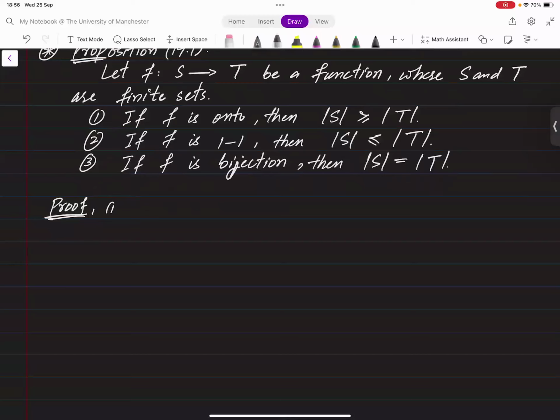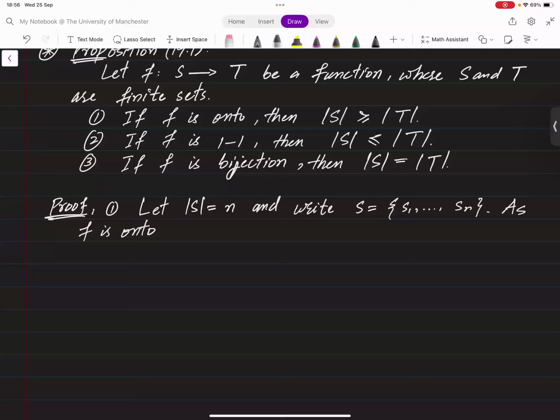Okay, number 1, we say that let order of S be n, and write that S has n elements. As f is onto, we have that T is equal to f of S, which is nothing but the set which contains the images f(s1) to f(sn).